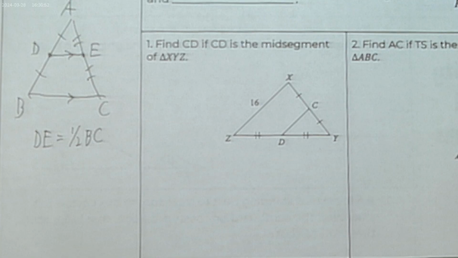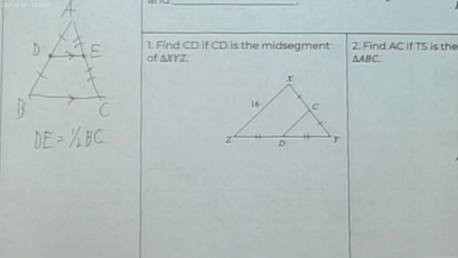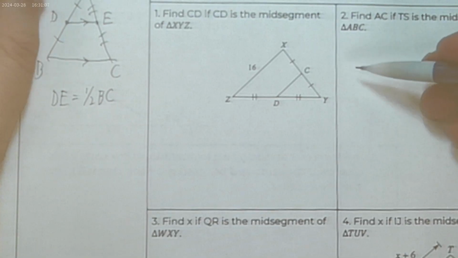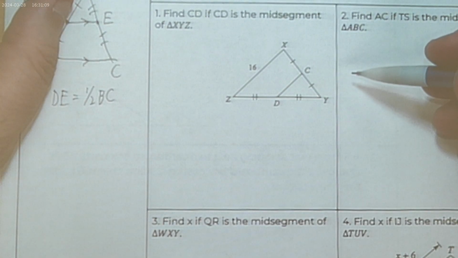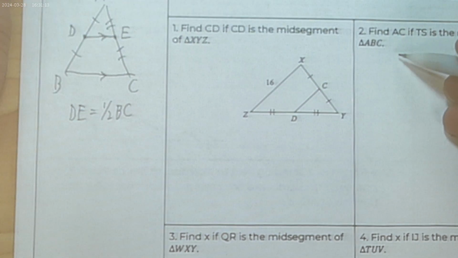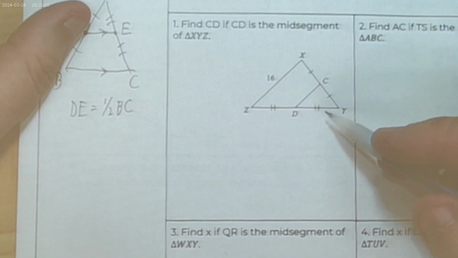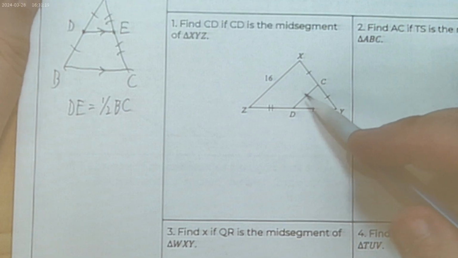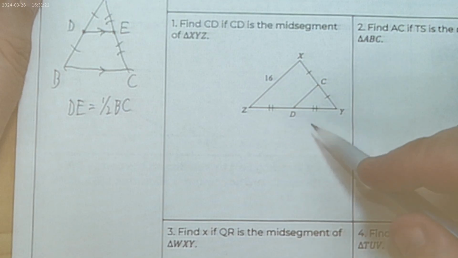Anyway, let's see. Find CD if CD is the midsegment of XYZ. Well, based on the identity that we have, CD is the midsegment of triangle XYZ, then that means that it's equal to half of the opposite side.